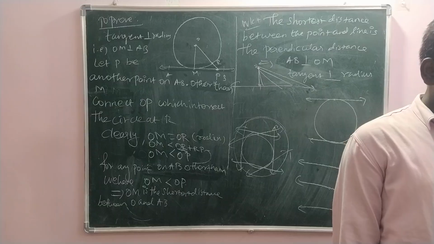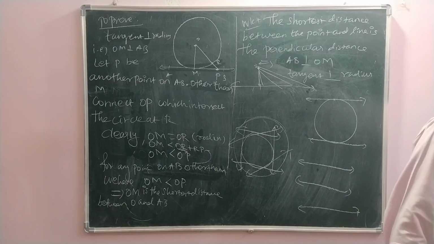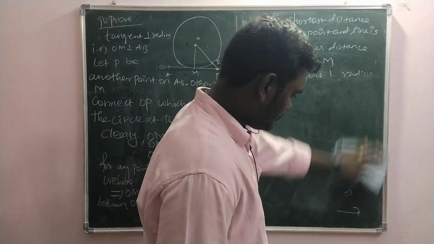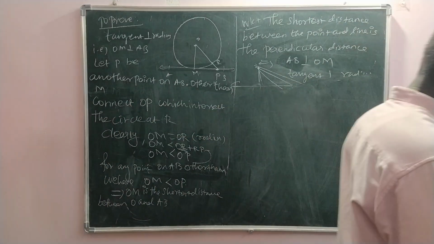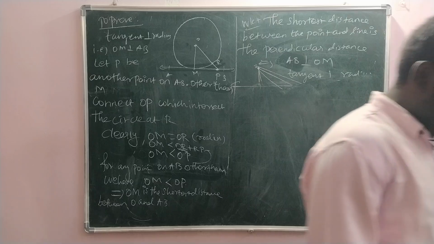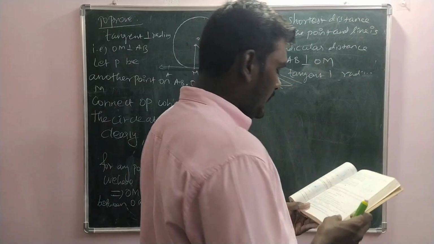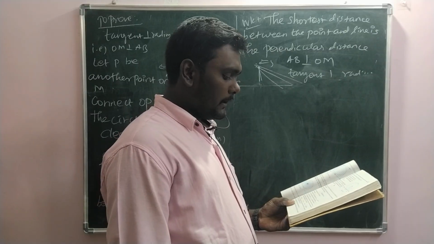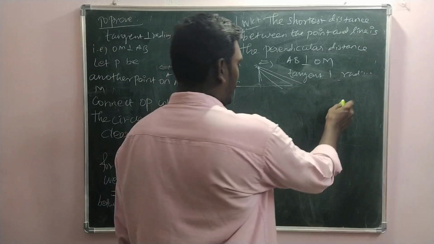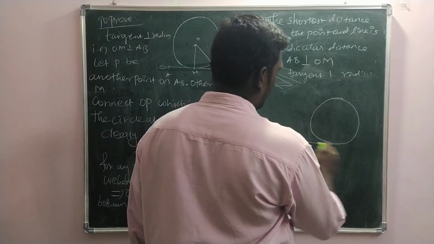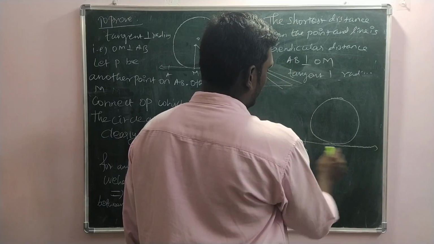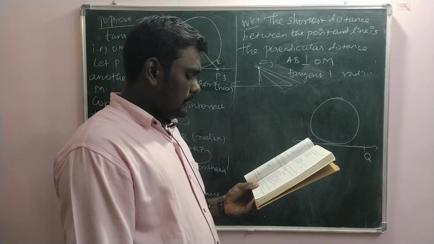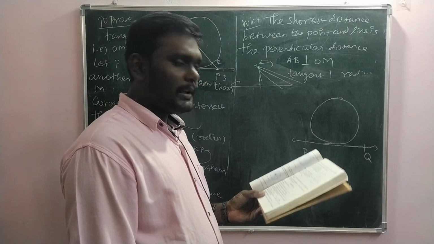Okay, and then the third question says that a tangent PQ at a point P of a circle of radius 5 cm meets a line through the center O at the point Q. Confusing, is it? A tangent PQ at a point P of a circle.